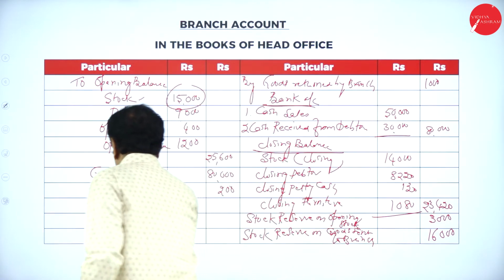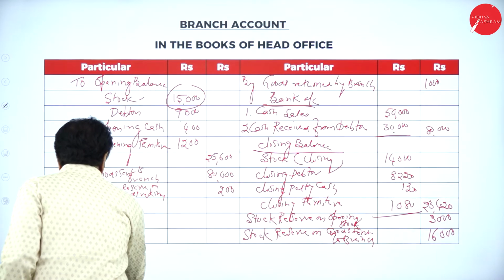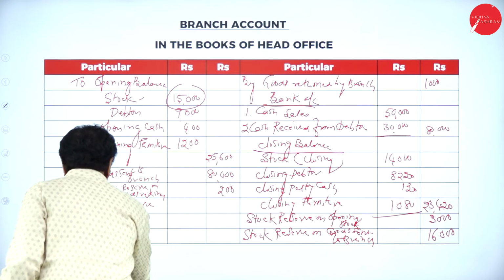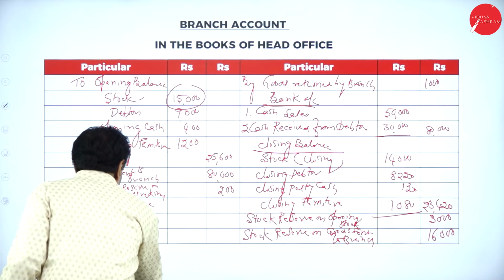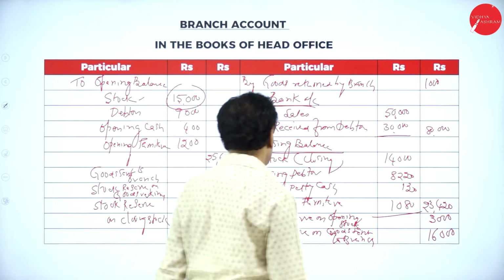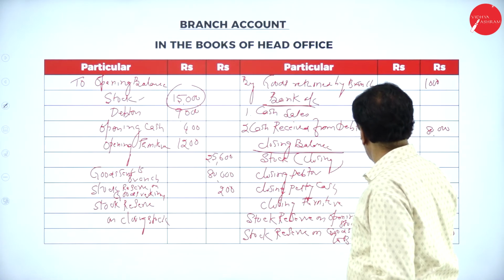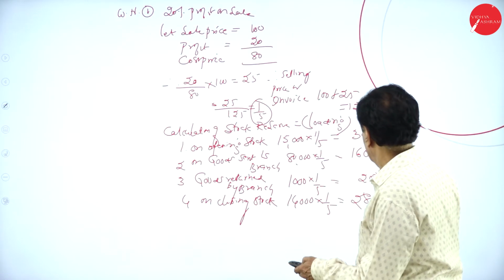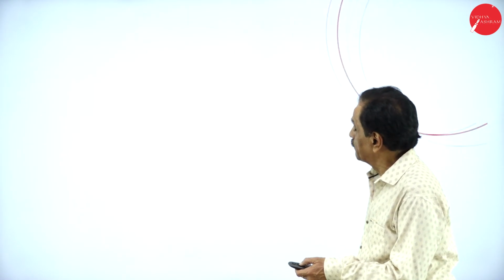Then stock reserve on closing stock. What's your closing stock? 14,000. So here we already calculated 2,800.